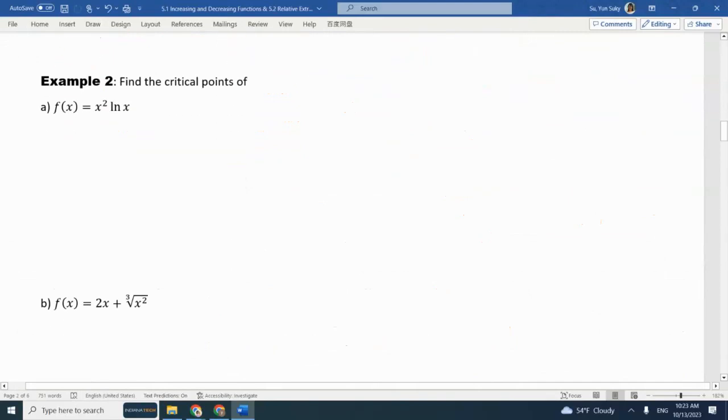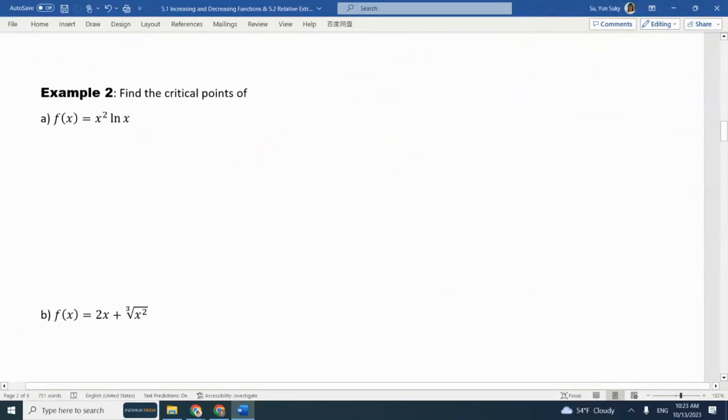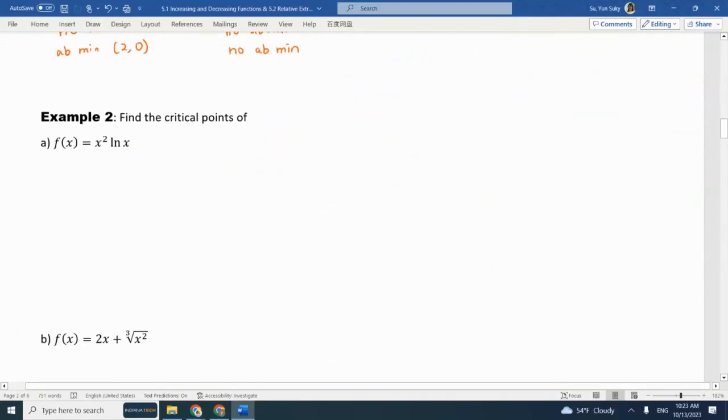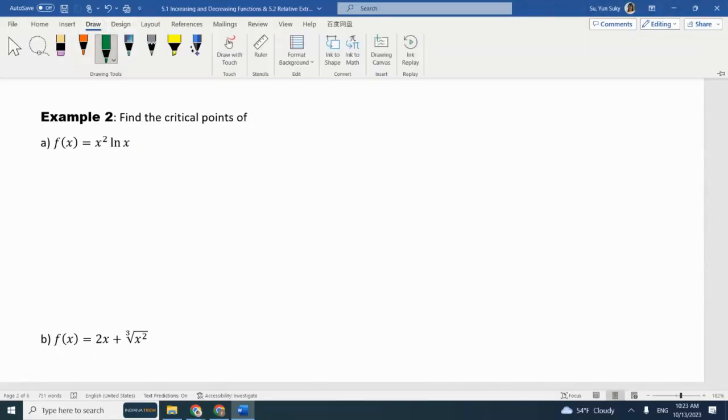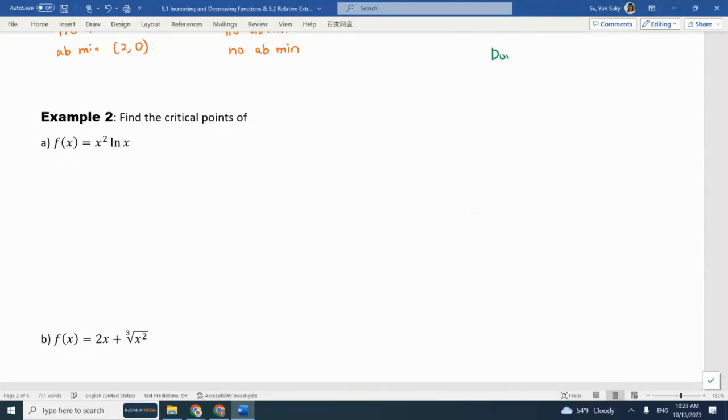First of all, what is the domain? When you find the domain, there are 3 things you need to look at. Do you see square roots? If yes, then you need the things inside the square root to be greater than or equal to 0. What's the second thing?